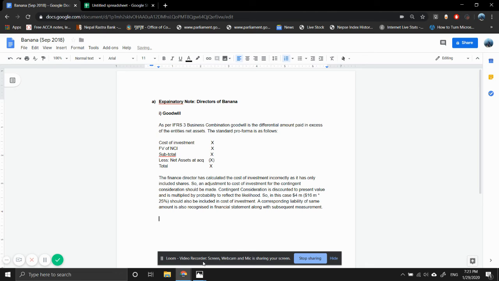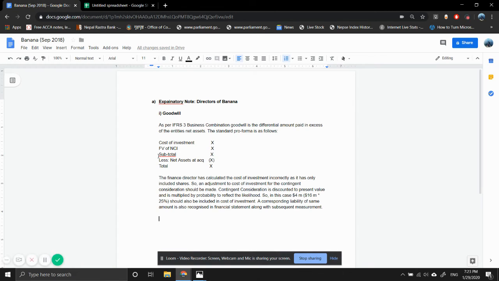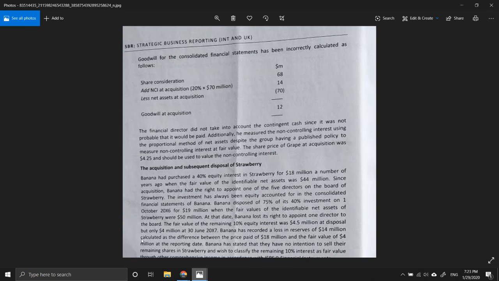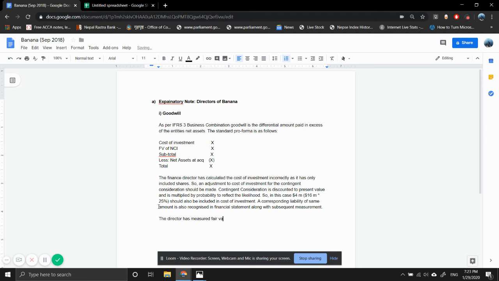That being said, what else did the finance director make mistake on? The fair value of NCI as well, right? The director has measured non-controlling interest using the net proportion method, and did not take into consideration the fair value.